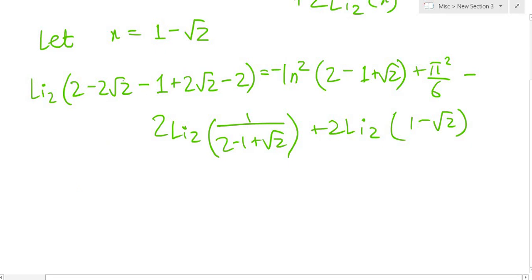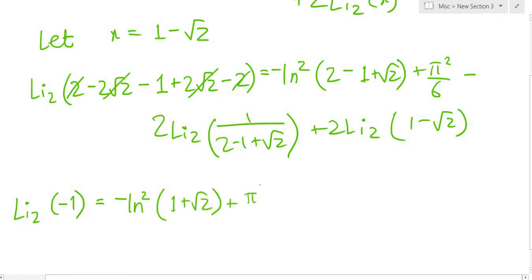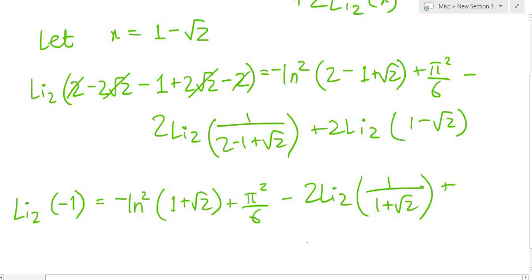Now look at this argument here. This is definitely cancelling out. This 2 and negative 2, and in the end we are left with the dilogarithm of negative 1 is equal to minus a natural log squared of 1 plus square root of 2 plus pi squared by 6 minus 2 times the dilogarithm of 1 over 1 plus root 2 plus 2 times the dilogarithm 1 minus root 2.